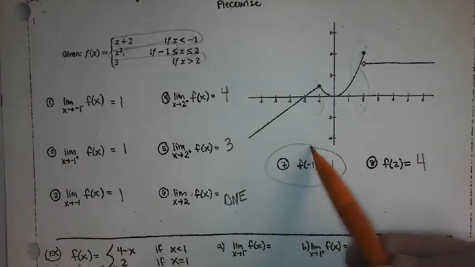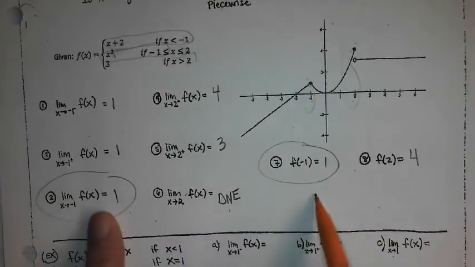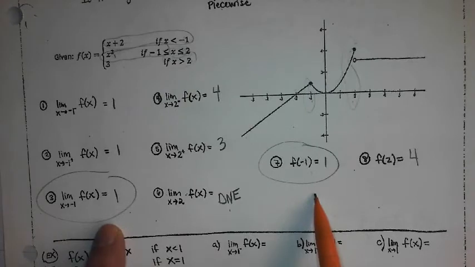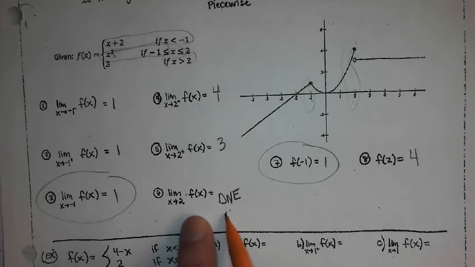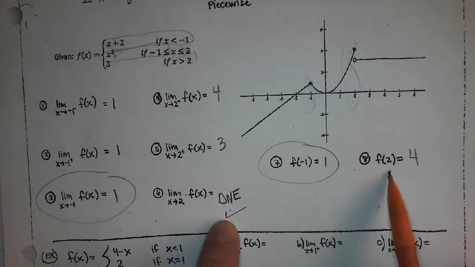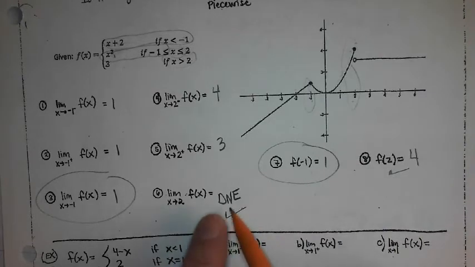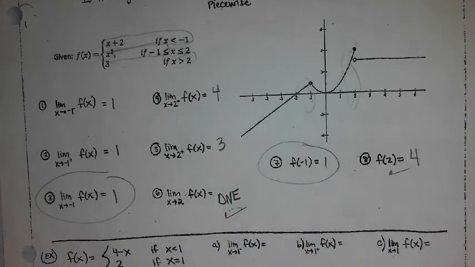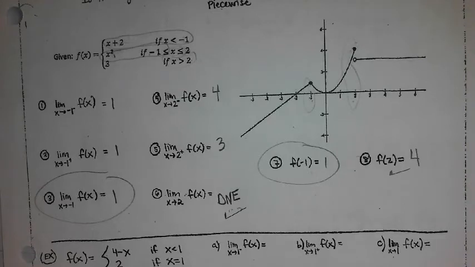So because this function value matches that limit, we have continuity at -1. Because, first of all, the limit doesn't even exist at 2, there's no way we could be continuous, and they obviously don't match either, so that's furthering the fact that we're discontinuous at 2. Okay, any questions?